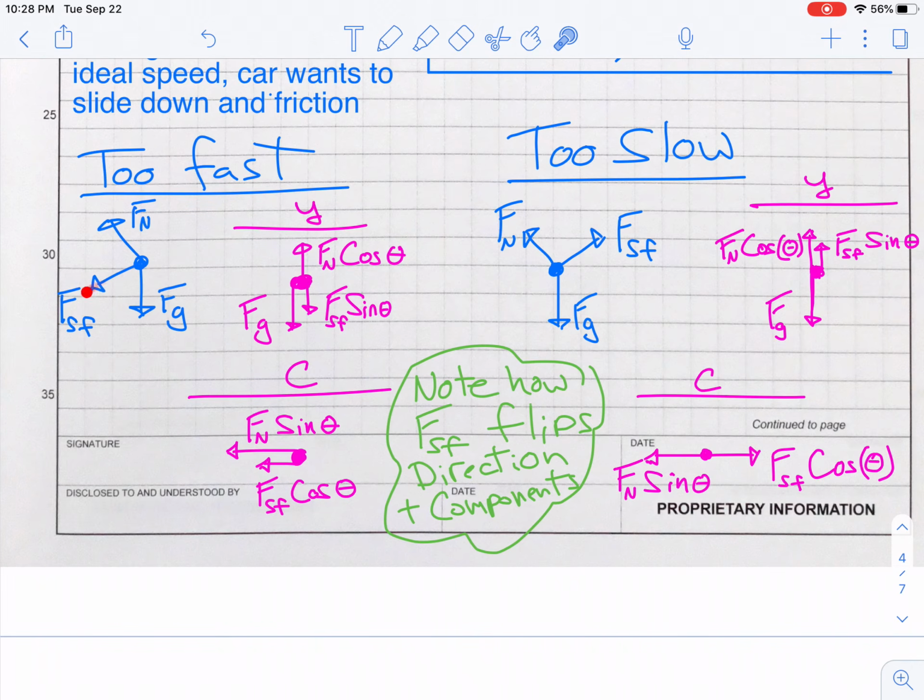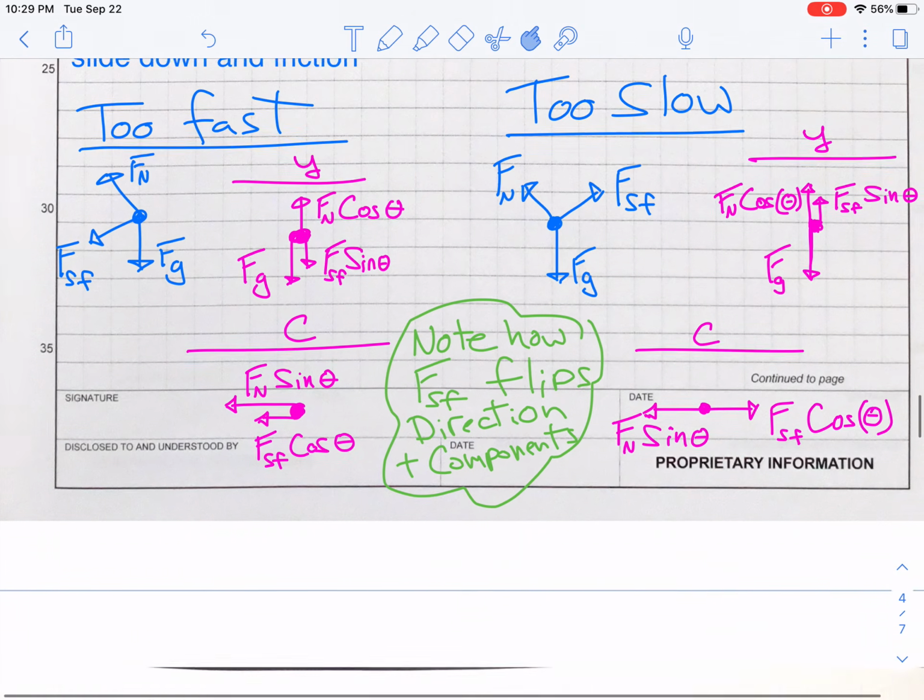So this blue line, which was down and left, is now up and right. And static friction, which used to go down, now points up. And when it used to go to the left, it now goes to the right. So all the friction components flip when you go from too fast to too slow.